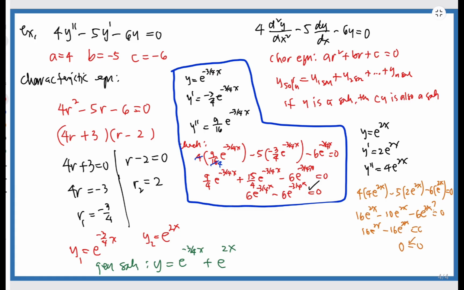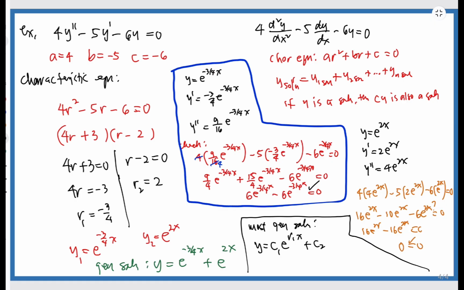Therefore, the most general solution is y equals a constant c1 e to the r1x, but there's a second, so plus c2 e to the r2x. So this is the most general solution, like that.